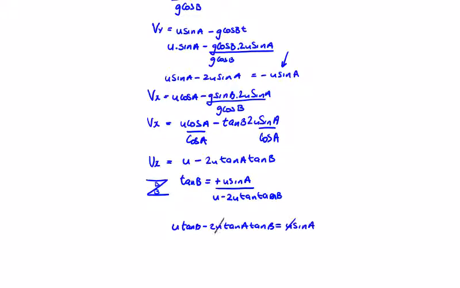We could have done it earlier. So we're going to get tan B minus 2 tan A tan B is equal to sine A.